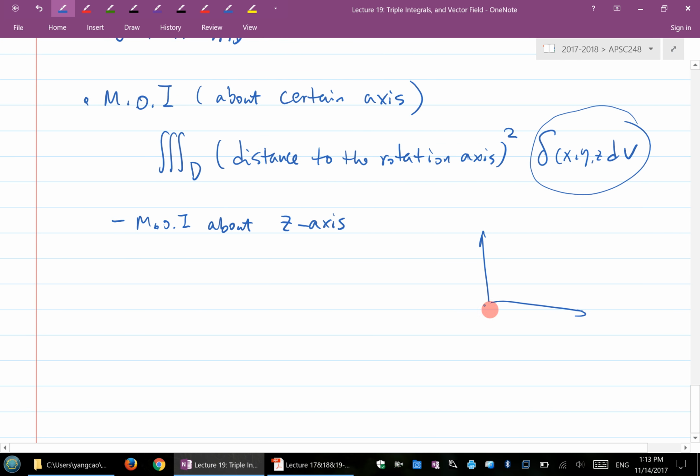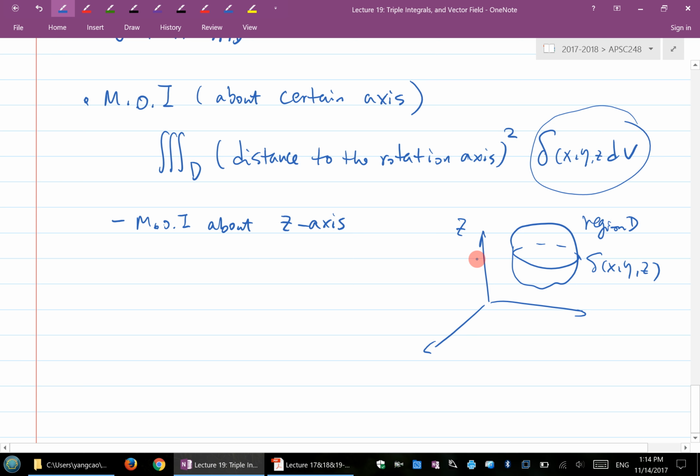Let's say I have a 3D object, represented by a certain region D with a density distribution, for example delta(x, y, z). Now we're interested in the moment of inertia of this object with respect to the z-axis.